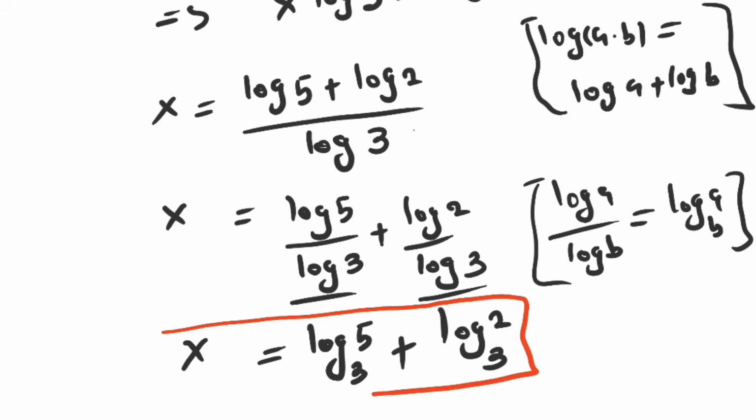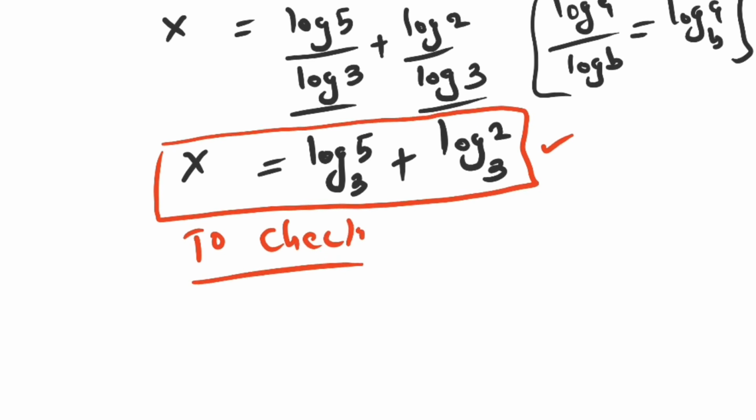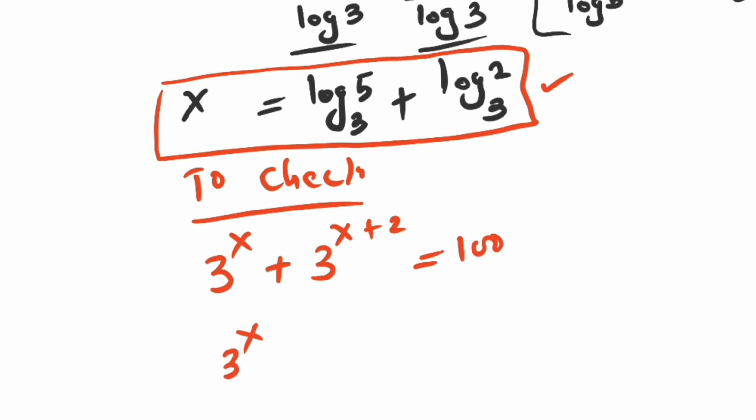You may check to confirm if this answer is right or wrong. Let's check. To check, we have the given equation 3 raised to power x plus 3 raised to power x plus 2 is equal to 100. Then this is the same thing as 3 raised to power x is equal to 10.